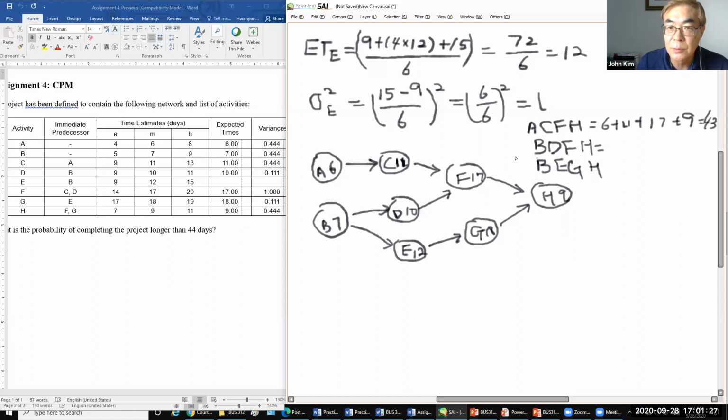And this one, 7, 10, 17 plus 9 equals the same, 43.